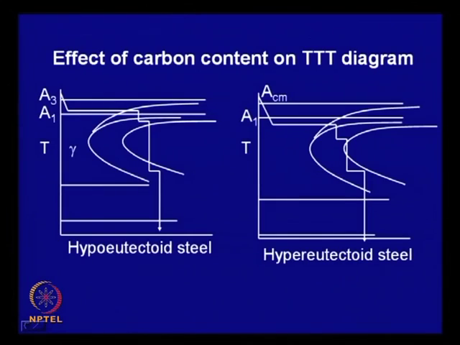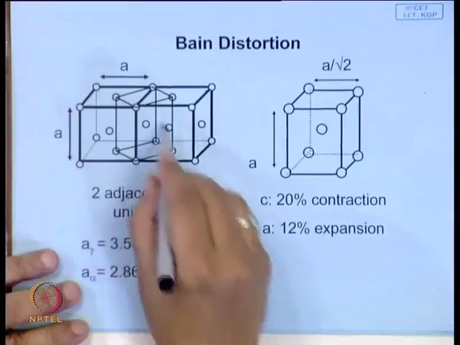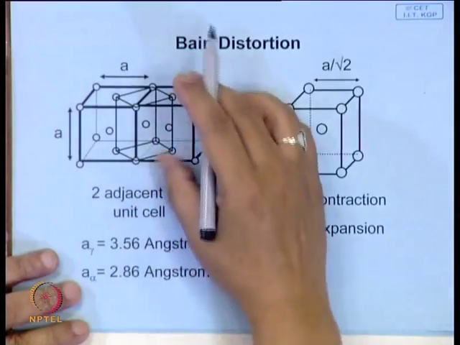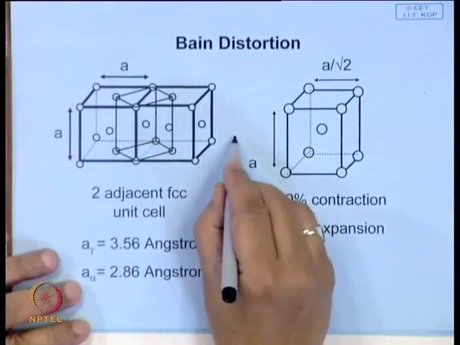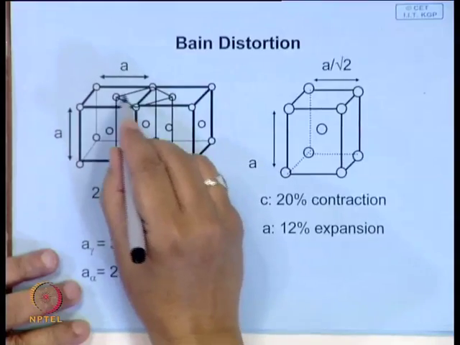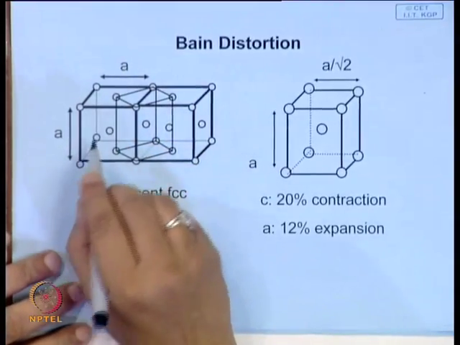A quick look at the crystal structure. When martensite forms, the initial structure is austenite, and it transforms into a BCT structure. You can visualize this crystallographic transformation like this.